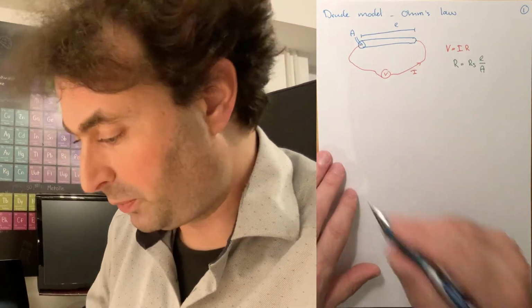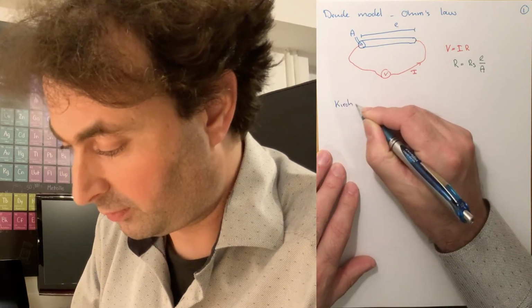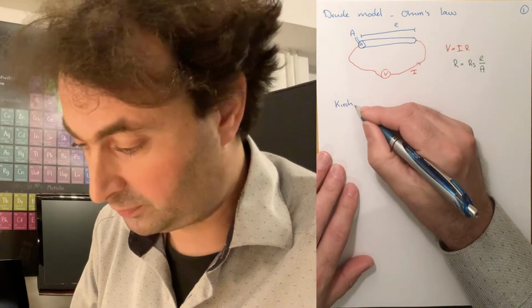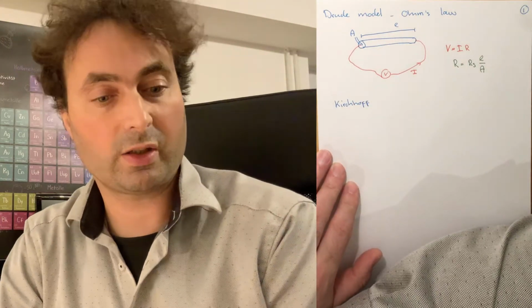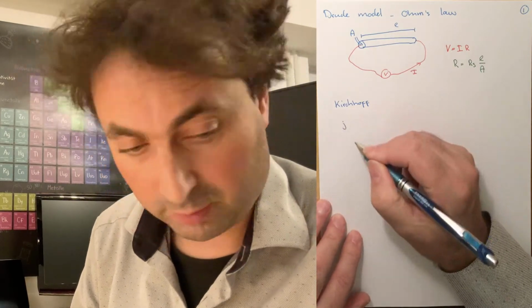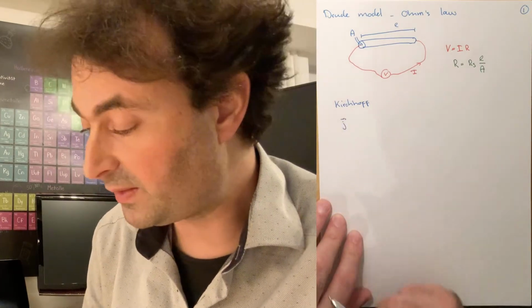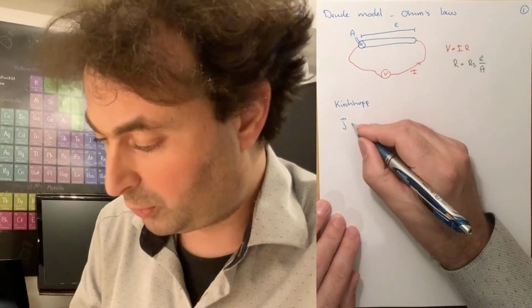Ohm's law has been reformulated by Kirchhoff. And it is the notation of Kirchhoff that we will use. And Kirchhoff talked about the current density, so that we do not have to consider the area anymore.